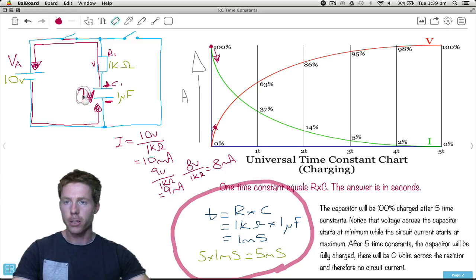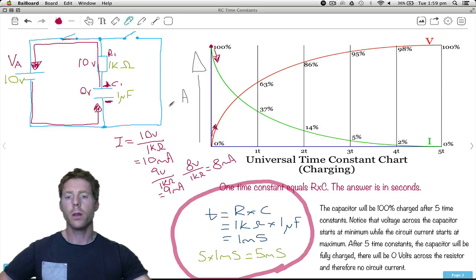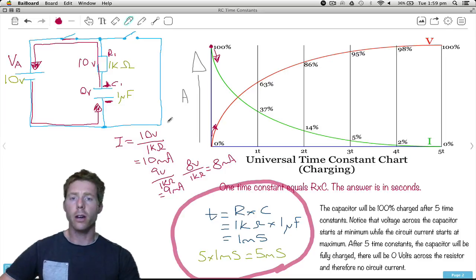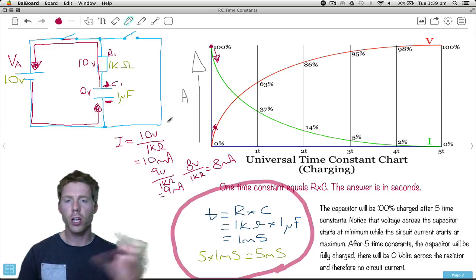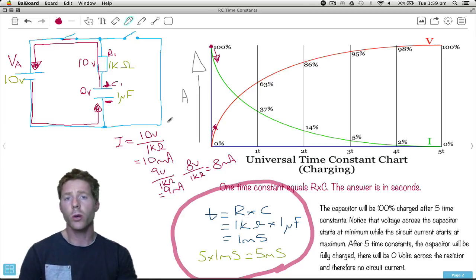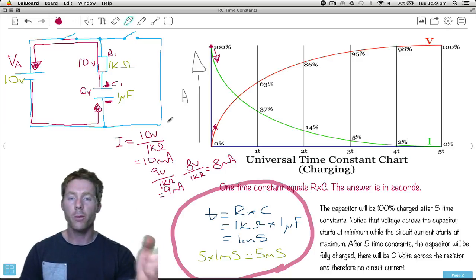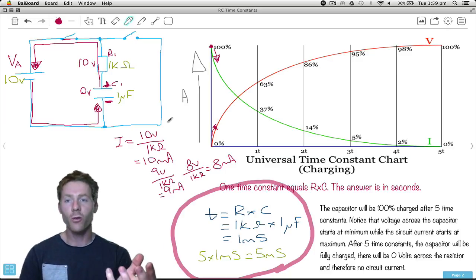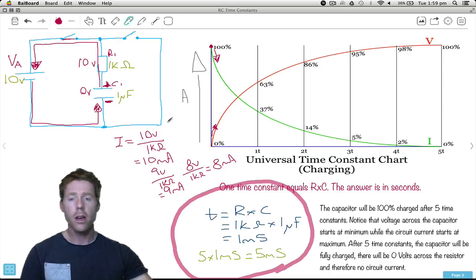That's where we're going to have the most amount of current flowing in the circuit: 10 volts, 0 volts. From there, it means that we can start to charge the capacitor really quickly. If it's charging quickly, its voltage goes up really quickly. But the problem with that is, if it gets more voltage, it leaves less for the resistor. If there's less on the resistor, there's less current.